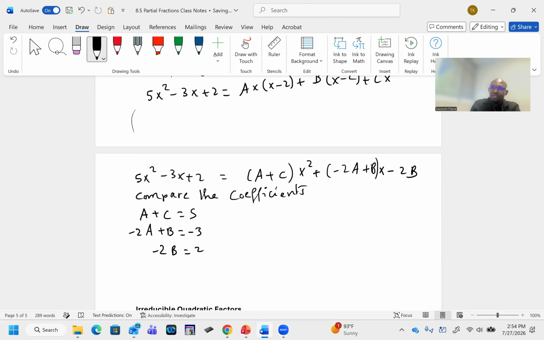So we have three equations again. From the third equation, we can see b will be equal to what? Negative 1. So if b is negative 1, we substitute negative 1 for b in equation 2.